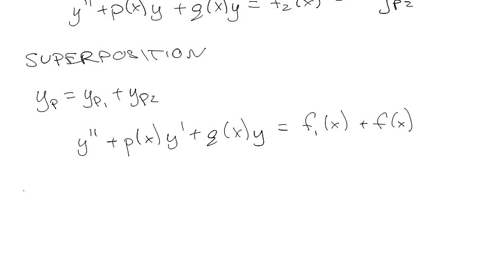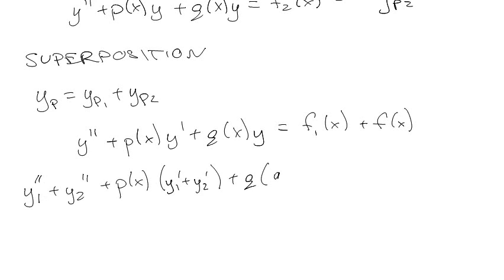I'm just going to call them y1 and y2: y1'' + y2'' + p(y1' + y2') + q(y1 + y2). Does that equal f1 plus f2? And of course it does, because all I have to do is rearrange it.